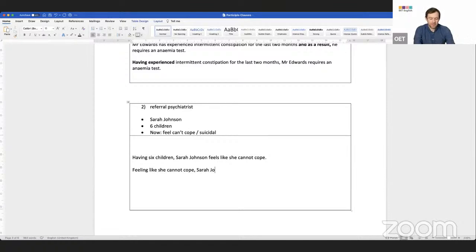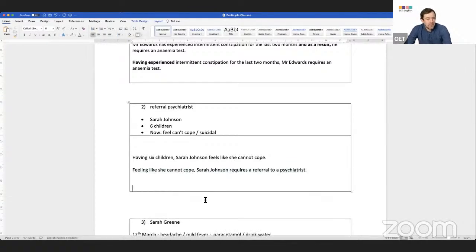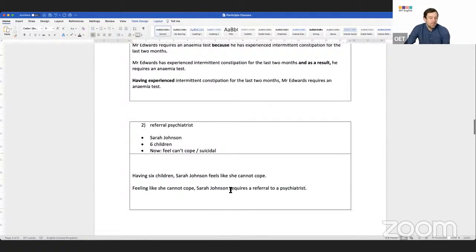Sarah Johnson requires a referral to a psychiatrist. Now, this is why I don't really like it, because you can't argue that that's accurate. It is accurate, but it doesn't feel very natural to me. It's hard for me to explain, but I don't think it seems very professional.